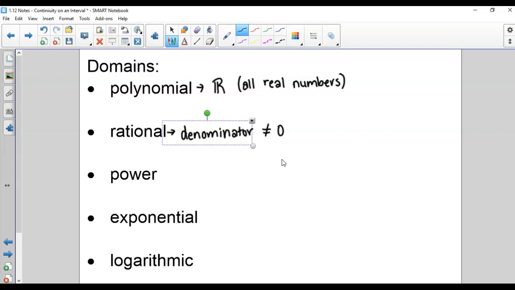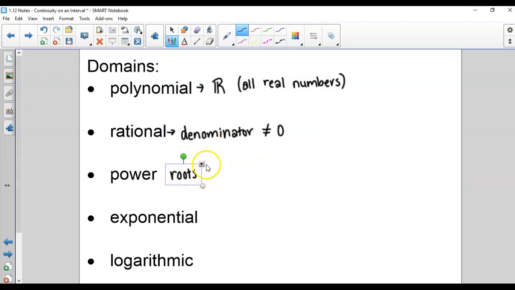Power functions, again, I don't love this category because it includes a lot of different things. Something like a cubic function doesn't have any restrictions on its domain. A quadratic doesn't have any restrictions because those are actually polynomials. If we had x to the negative 2, that makes it rational, which means the denominator cannot equal 0. The main thing I want to focus on here is roots.